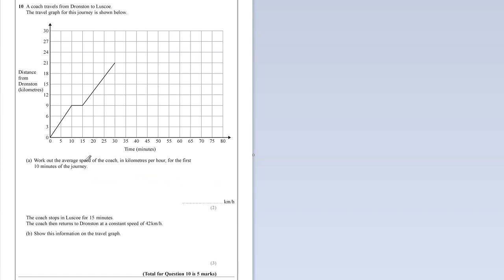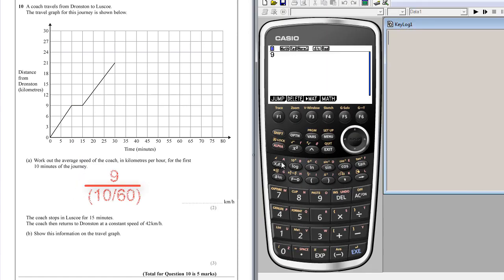And looking at the graph, at the 10-minute point, the coach has travelled 9 kilometers. So now putting it all into an equation, 9 divided by, open brackets, 10 divided by 60, close brackets, equals 54 kilometers per hour.